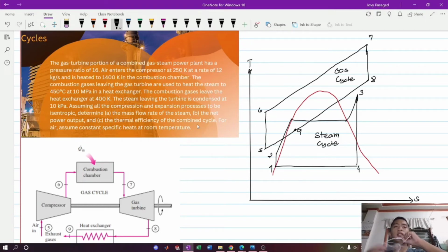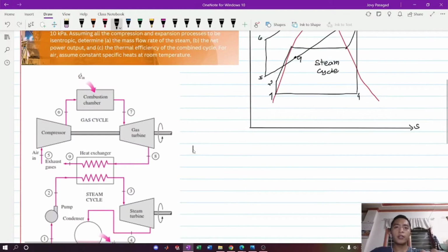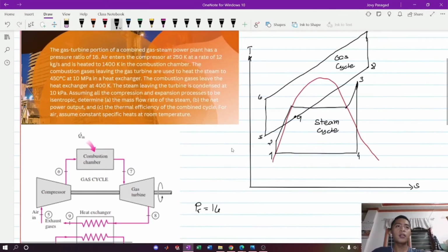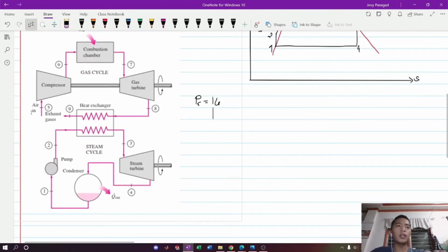So let's write our given. Pressure ratio, let's set as PR, 16. Air enters the compressor at 250 Kelvin. On the compressor side, looking at the diagram, this is our compressor.